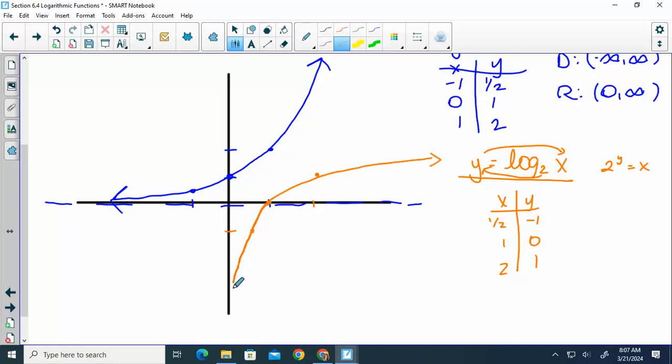So what kind of asymptote does this have? A vertical asymptote at 0. The domain, we've talked about it already for these logs, but we can see it from the graph. It's just everything bigger than 0. What is my range?